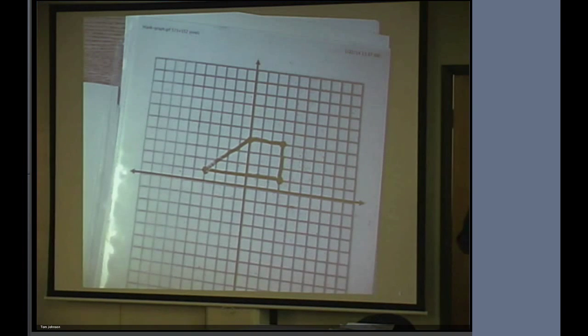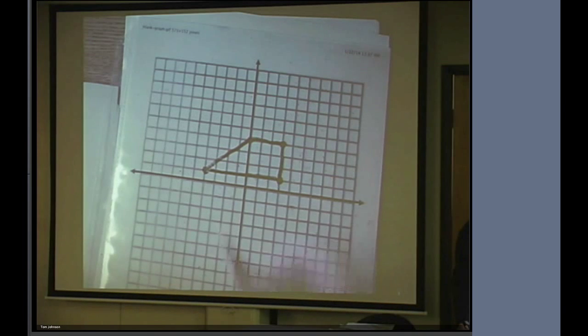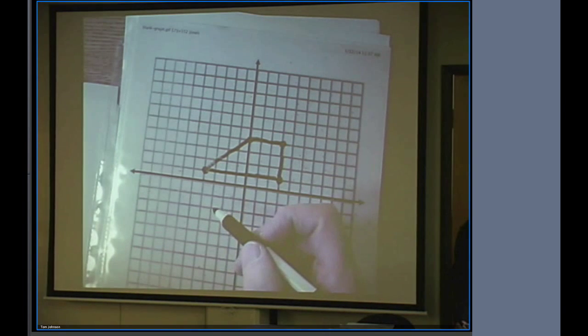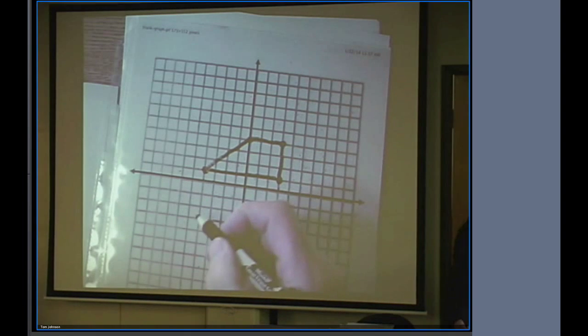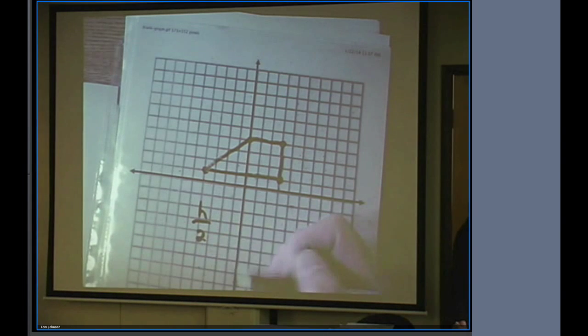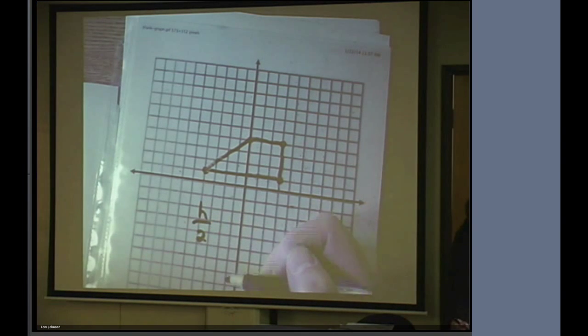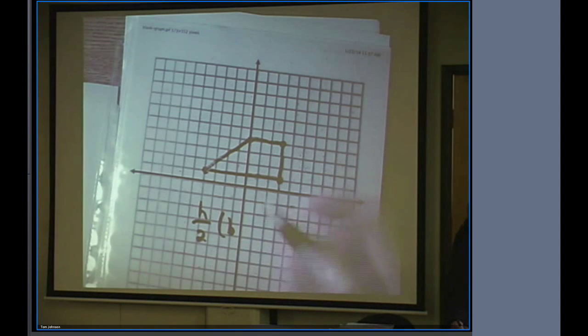Let's look at the equation. So the equation to find the area of a trapezoid is the height divided by 2 times base 1 plus base 2.